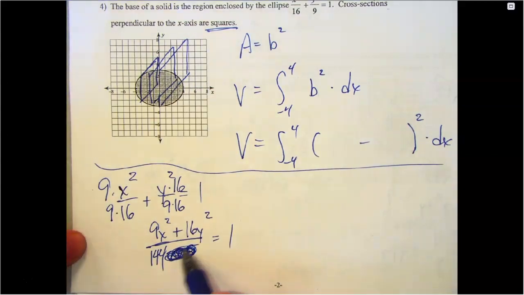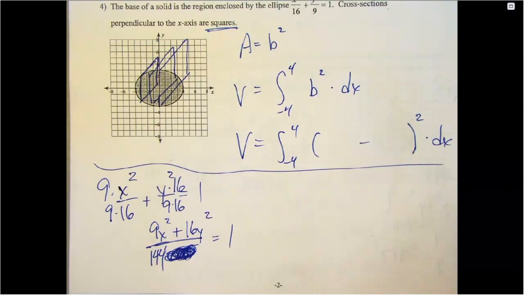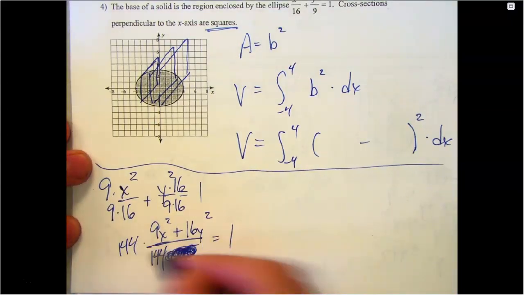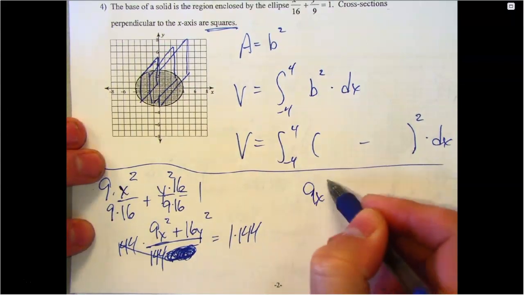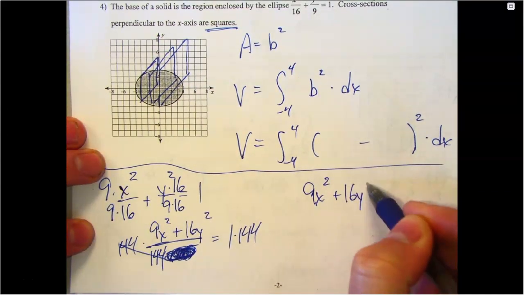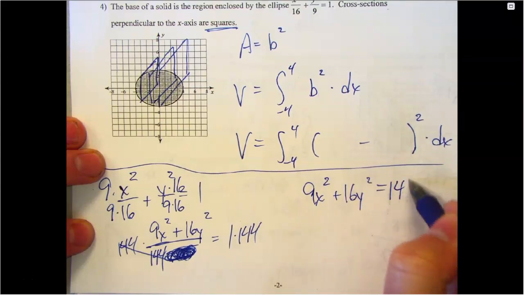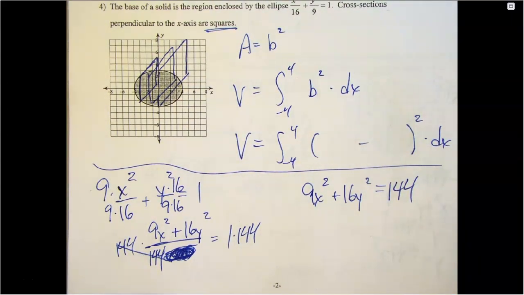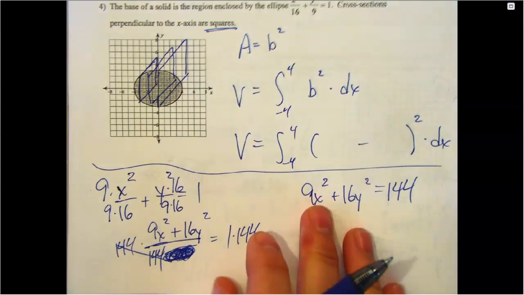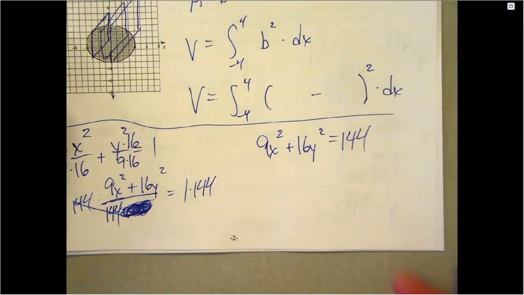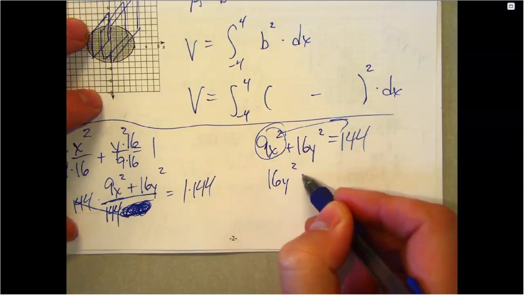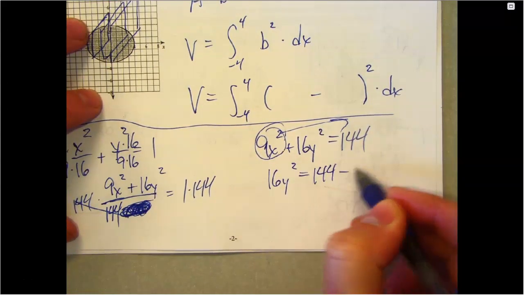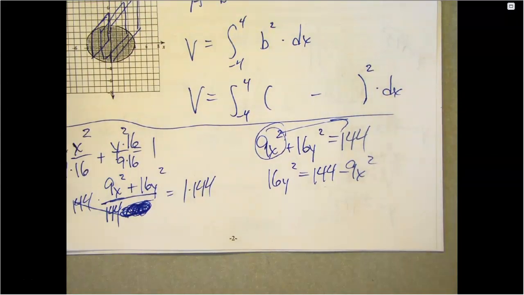What would you guys recommend from here? I agree. I multiply both sides by 144, so those cancel. 9x squared plus 16y squared equals 144. Then I'm going to throw the 9x squared over there, so 16y squared equals 144 minus 9x squared.